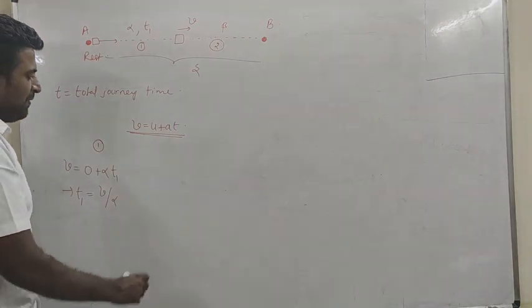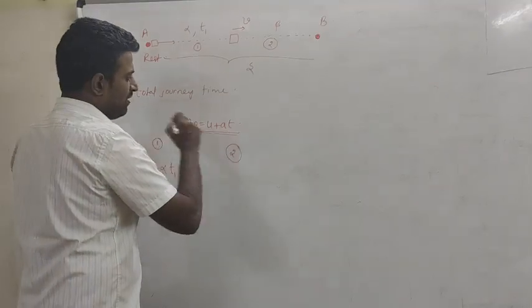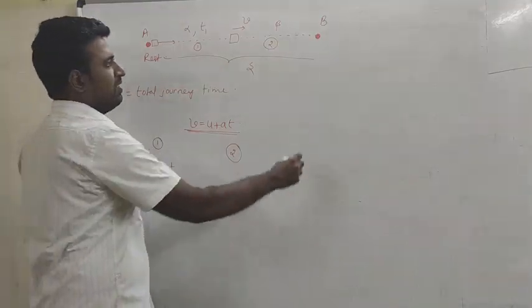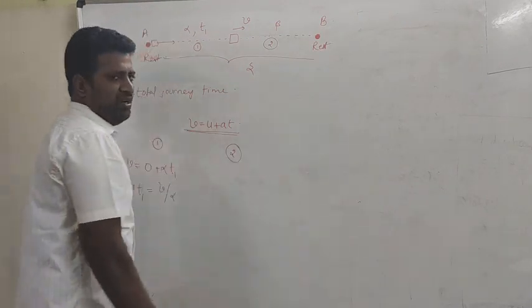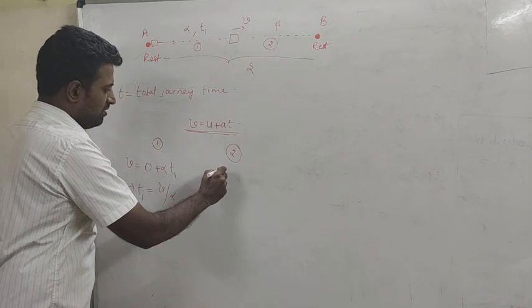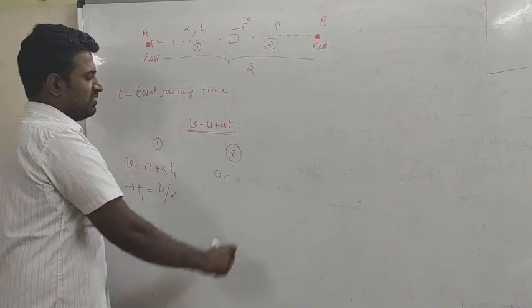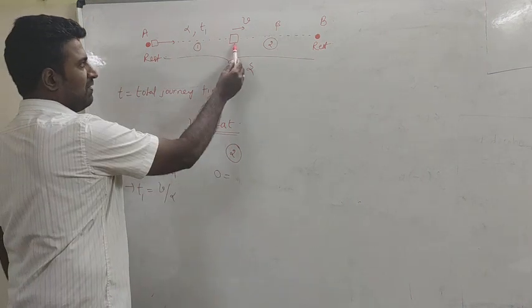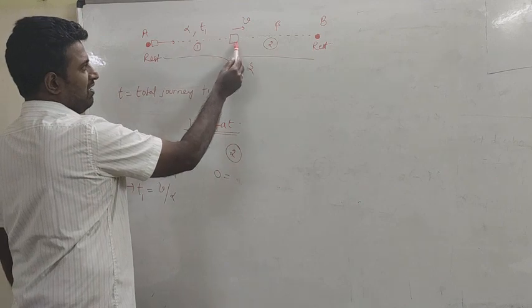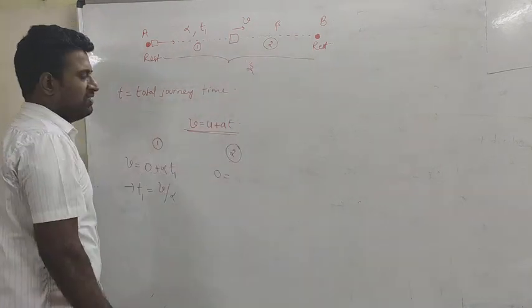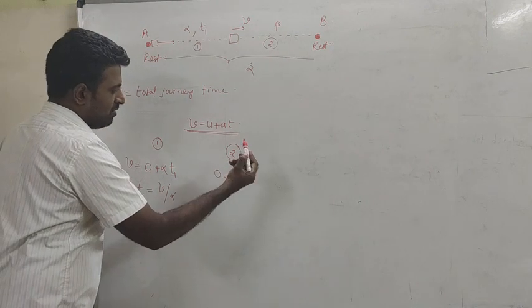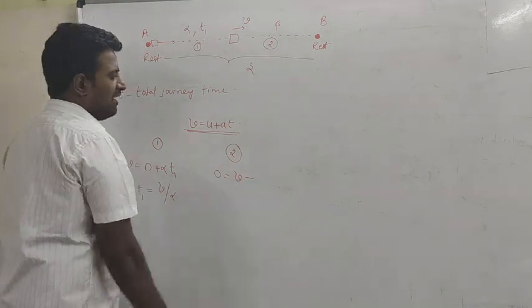Now, I want to apply the same equation to the second part of the journey. For the second part, final velocity will be 0 because it comes to rest. So 0 is equal to V minus, why am I writing minus?